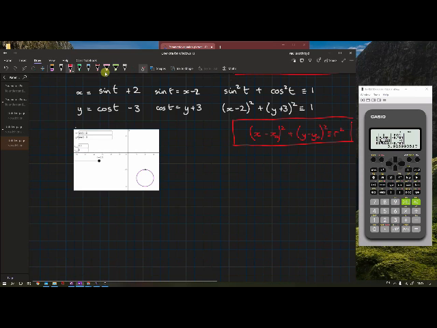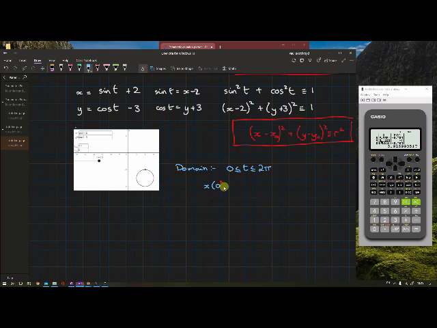And one thing that I was asked to have a look at, let's have a look at the domain of this function. So we're saying that our value of t is between 0 and up to 2 pi. So let's look at the limits first of all for our x.